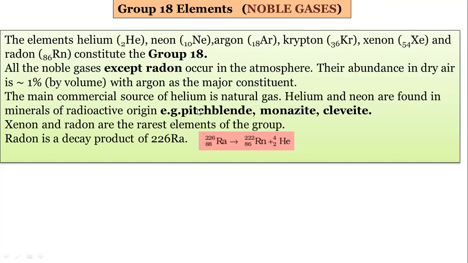The main commercial source of helium is natural gas. Helium and neon are found in minerals of radioactive origin like these. Remember the names only: pitchblende, monazite, cleveite. These names can be asked for examination, remember. These are the minerals from where we can generate helium and neon.